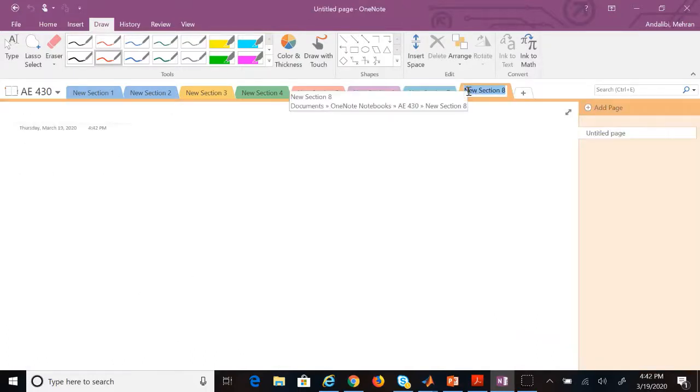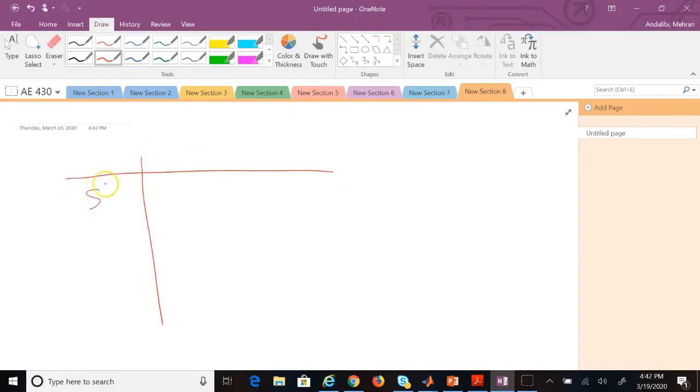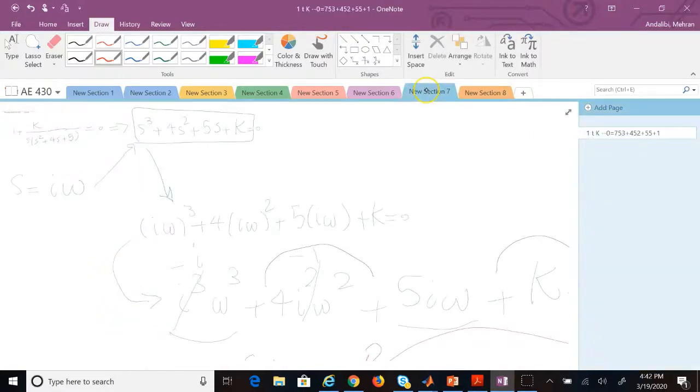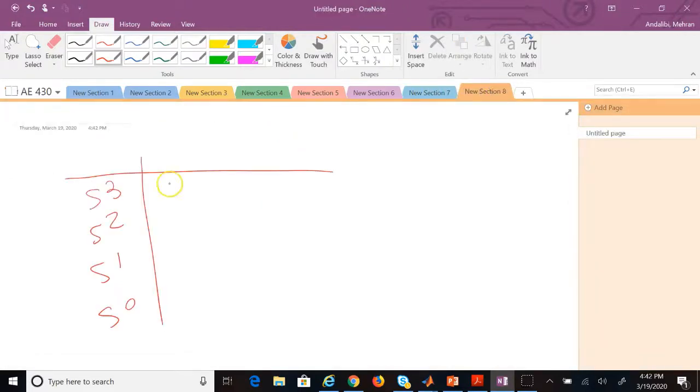So if I go back and form the Routh-Hurwitz table, I have s cubed, s squared, s to the 1 and s to the 0, and if I look at the coefficients, I have 1, 5, and 4, K.